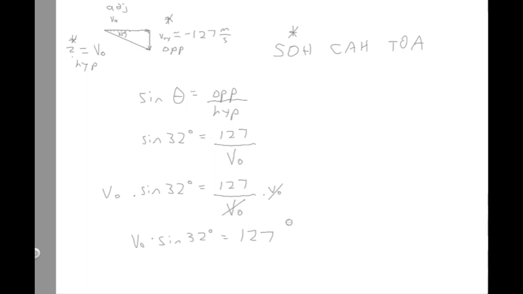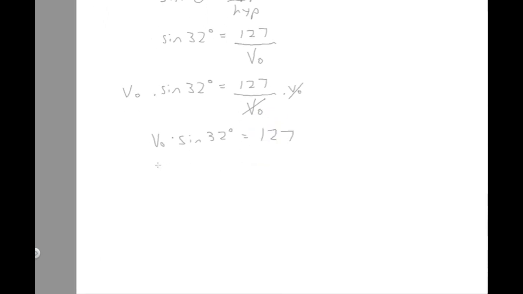So that was the first thing we had to do. But now we have to move the sine 32 degrees term to the right. It should be pretty obvious to you how we're going to do that, I think. We need to divide both sides by sine 32 degrees.